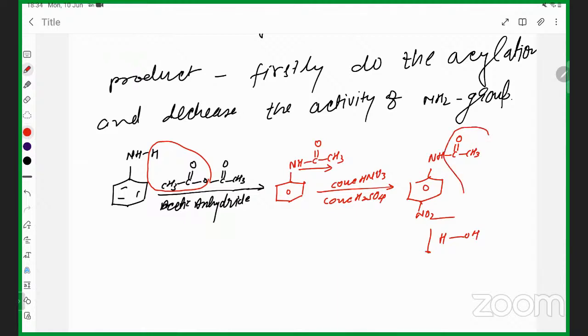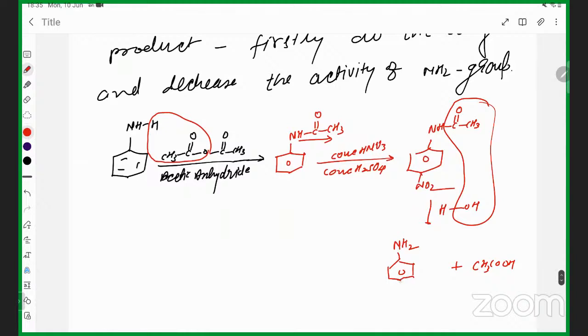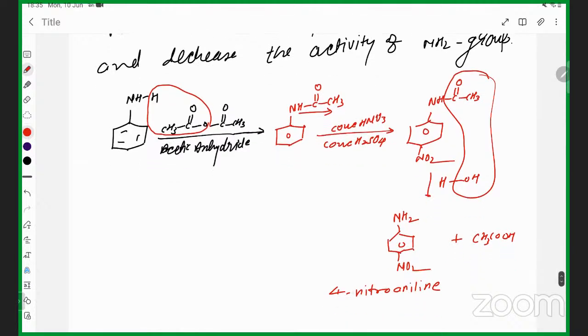So if you do HOH, what will be there? This will be CH3 C double bond OH. Acetic acid is out. So what is left? Para-nitroaniline. Here you are going to get the mono substituted product, the mono substituted NO2. So it is 4-nitroaniline.